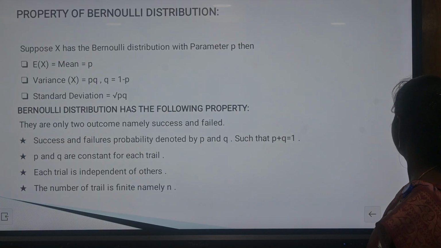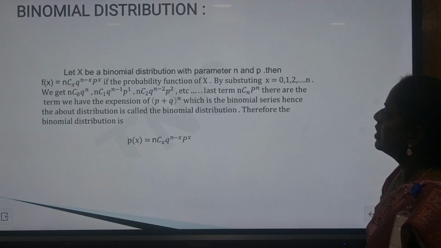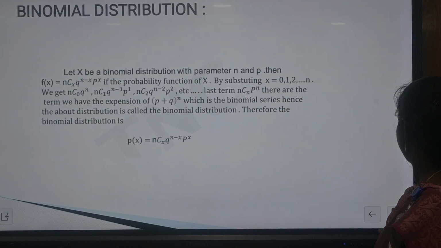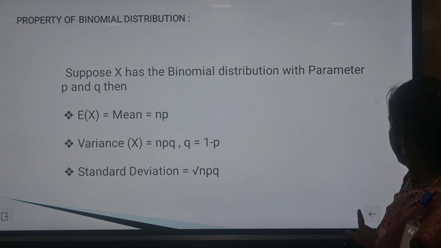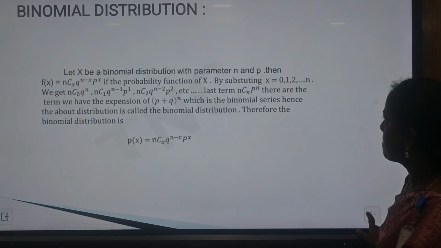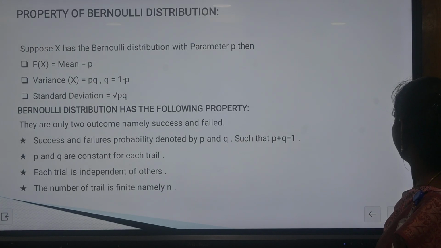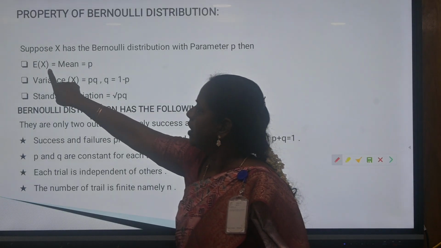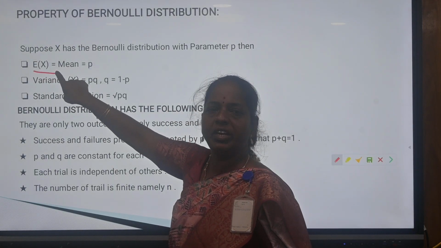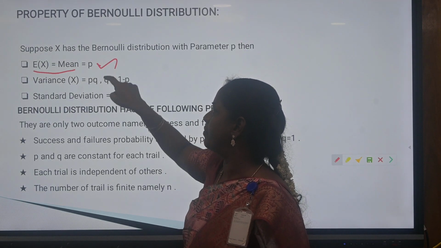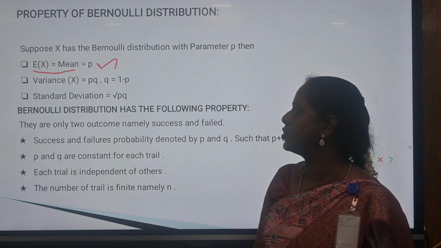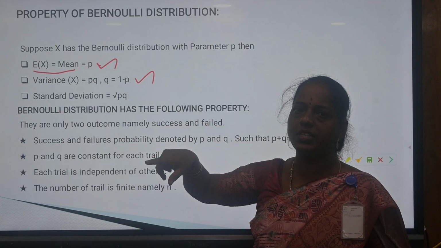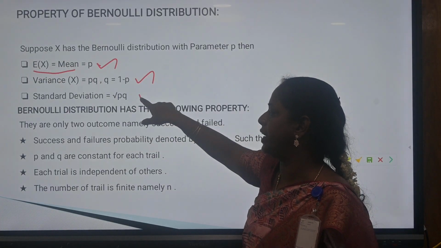Next, properties of Bernoulli distribution. The expectation of X, or mean value of X, is P for Bernoulli distribution, the variance is PQ, and the standard deviation is root PQ.